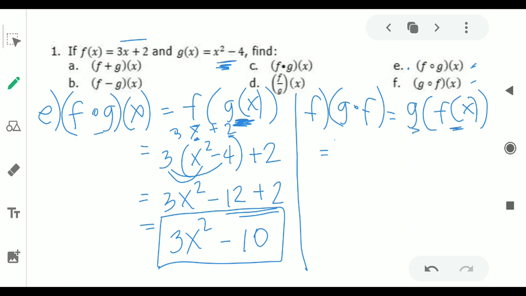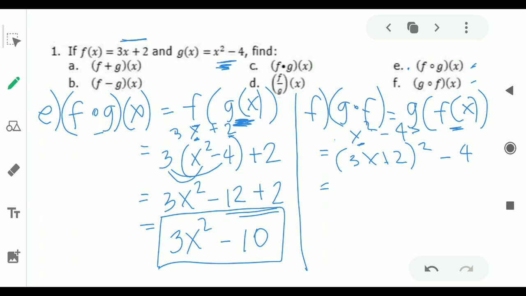Now take note, g of x is x squared minus 4. Okay, so we substitute x in x squared minus 4 by 3x plus 2. So that's 3x plus 2 squared, then copy minus 4.